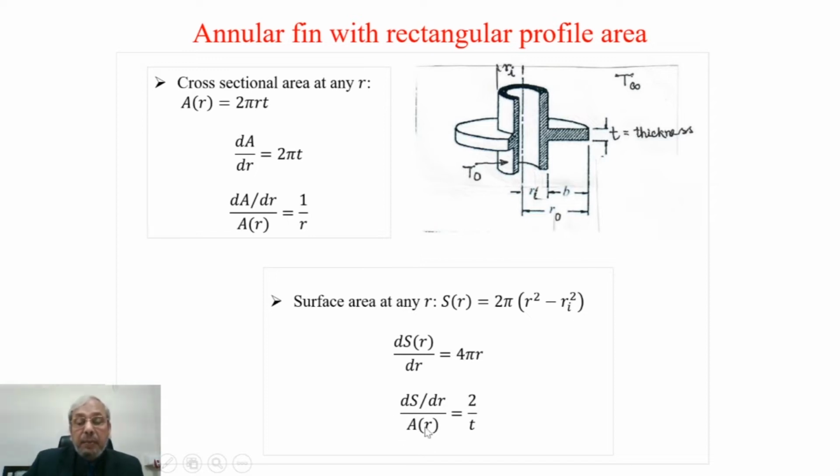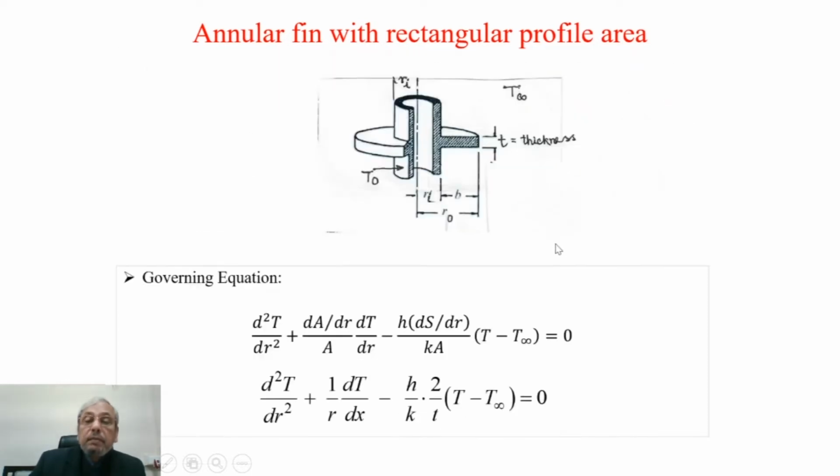So these are the parameters we will be needing: dA by dr over A, and dS by dr over A. Again, having the fin in our mind, Ri is the tube outer radius from where the fin is starting, and it extends to r equal to R0.